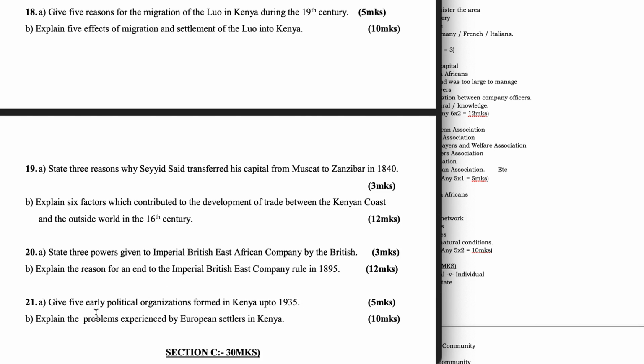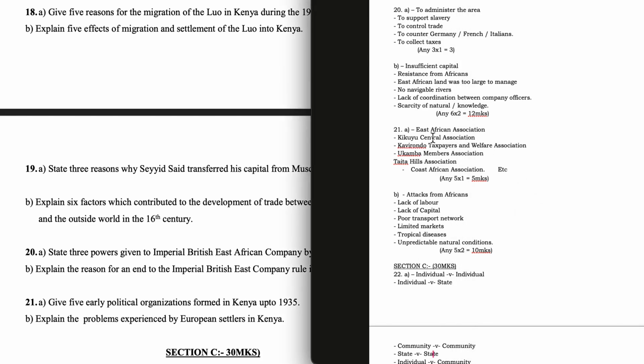Question 21. Give 5 early political organizations formed in Kenya up to 1935. East African Association, Kikuyu Central Association, Kavirondo Taxpayers and Welfare Association, Ukamba Members Association, Taita Hills Association, and Coast African Association.